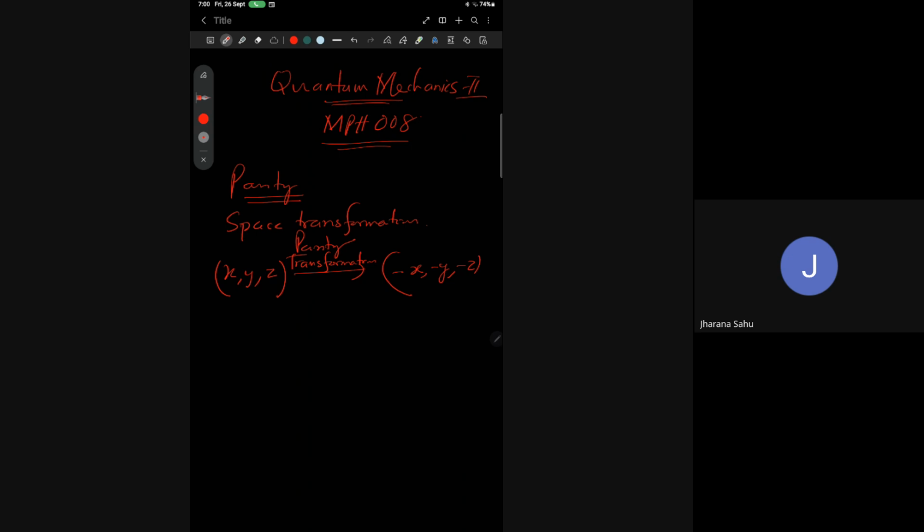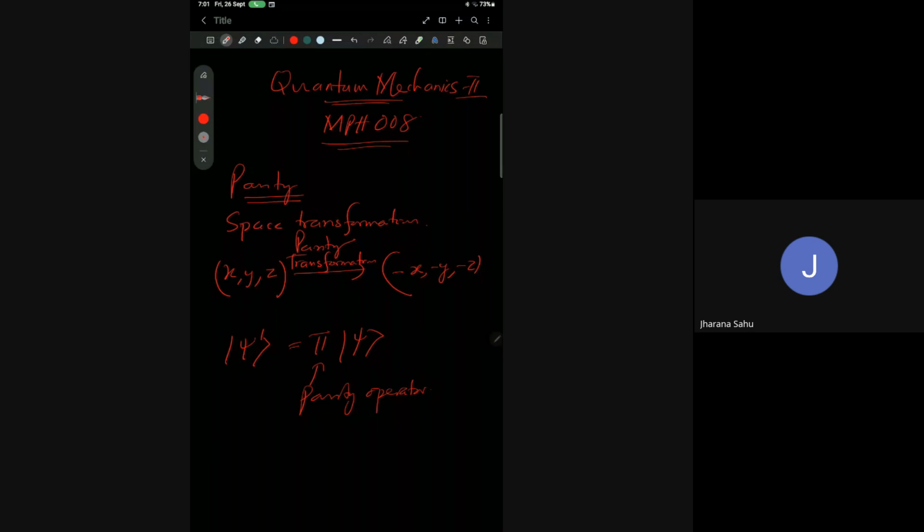So what happens to a wave function? It is actually a unitary operator. Let's say psi prime is the new state generated by the parity operator acting on psi.